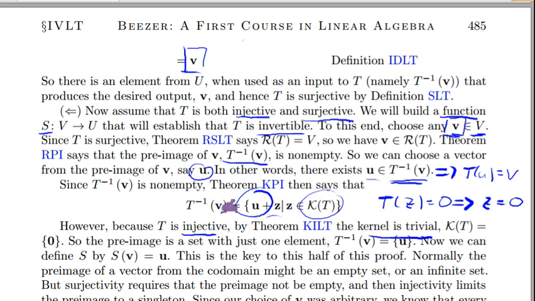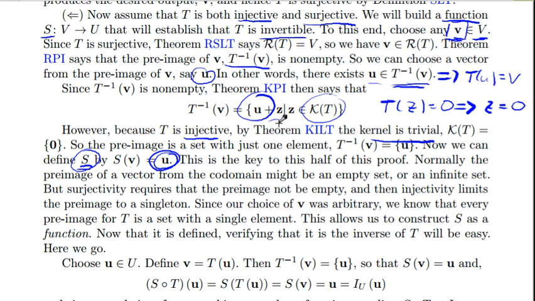So I can define this linear transformation S, which is going to turn out to be the inverse of T, by S of v is equal to this unique vector u, which is in T inverse of v. Now notice that we've used both injective and surjective to define this function S. We used surjective to show that the codomain was equal to the range, so that the pre-image of any vector in the codomain is non-empty.